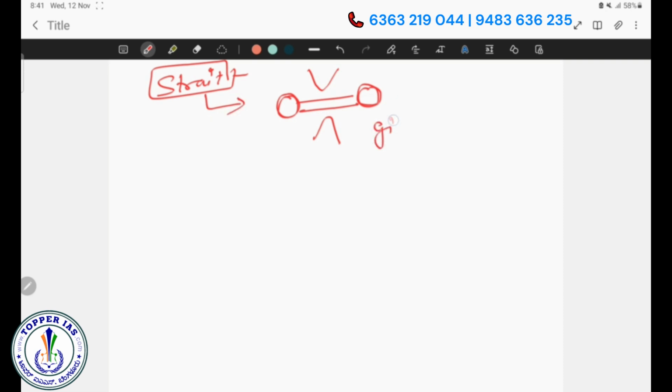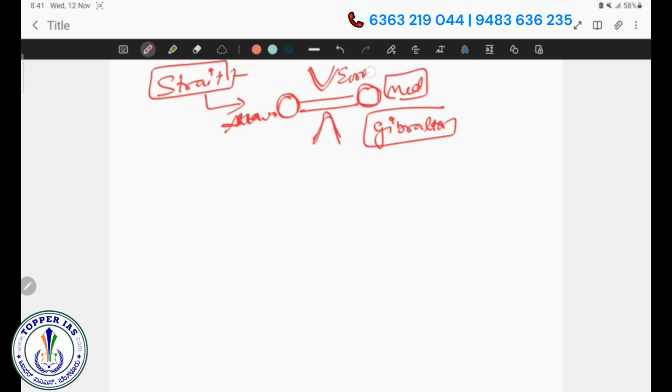First we have to understand the meaning of strait. A strait is nothing but a narrow water body which connects two large water bodies or separates two large land masses. For example, the Strait of Gibraltar connects the Mediterranean Sea and the Atlantic Ocean, and it separates two large land masses.